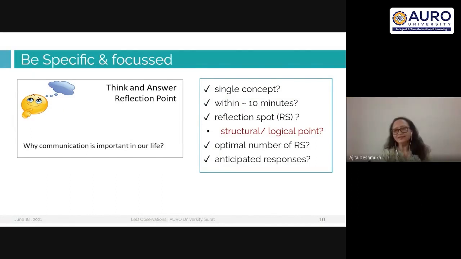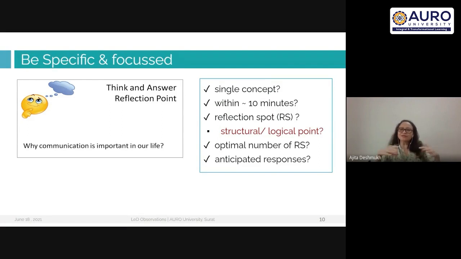So exactly. Like today, we also started our session with an icebreaker by asking you about your experience of developing an LED. It was actually not a reflection spot because what would you have reflected upon? We were not asking you anything specific based on some content.